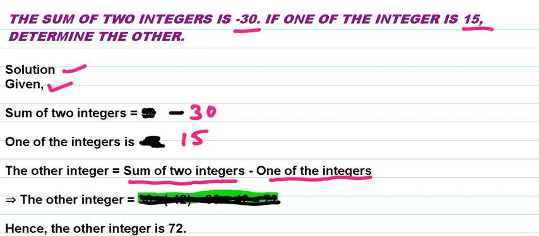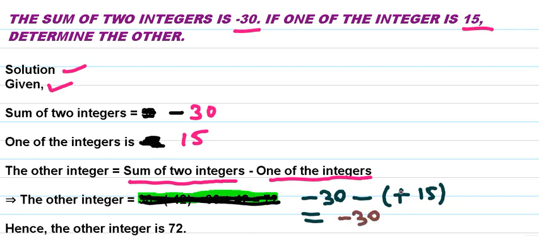So start to write. Sum of two integers, we have minus 30. Clear? And one of the integers, we have plus 15. We can write plus and calculate it. Minus 30, clear? Write first minus 30 and then plus, minus, minus. Recall the integers rule. What would be the result?